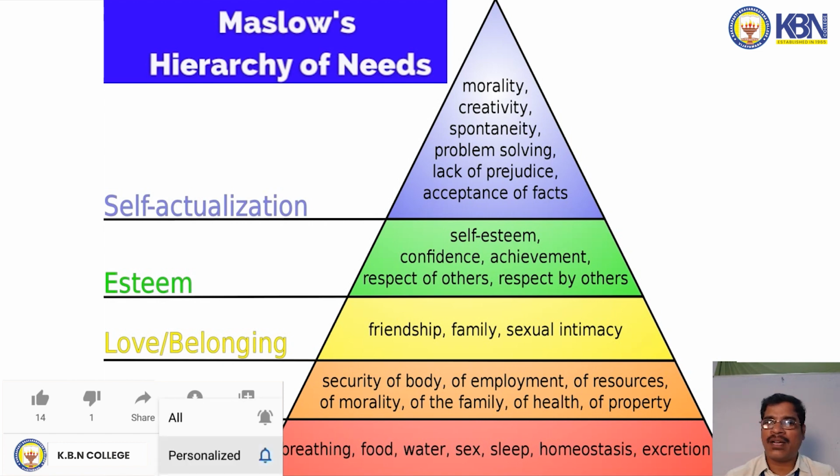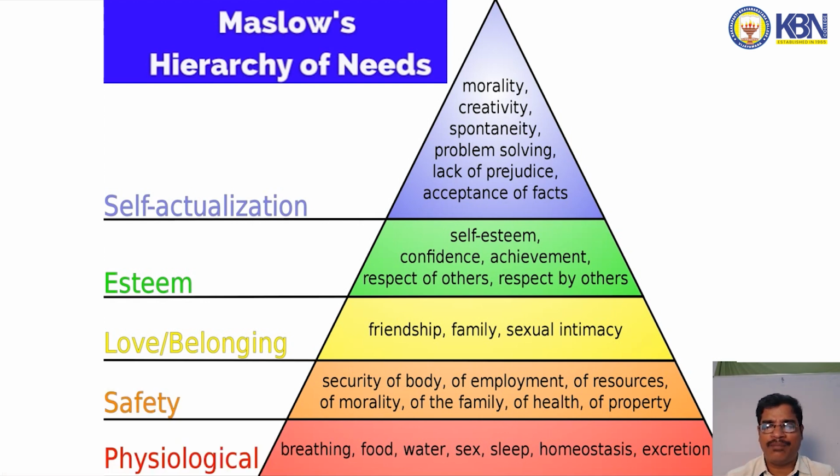See, Abraham Maslow has mentioned 5 different levels of needs. Don't see from top to bottom, observe from bottom to top. Then it helps us understand the level of needs which every individual wants to satisfy. Firstly, as an individual we want to have physiological needs.